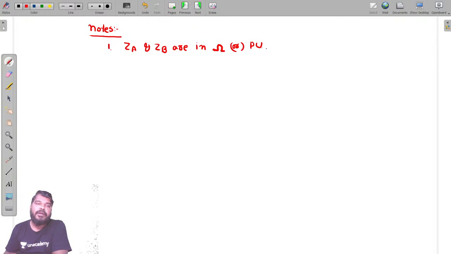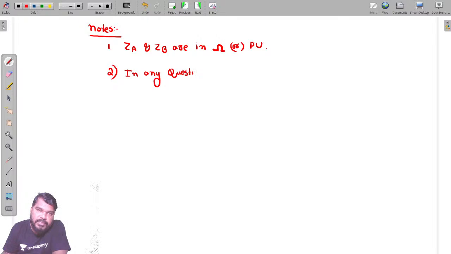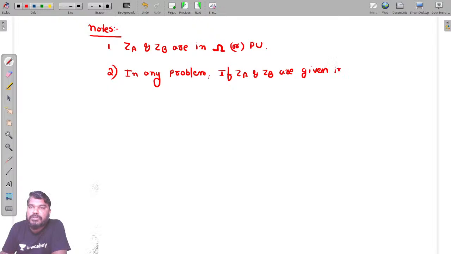In any problem, if ZA and ZB are given in ohms, then substitute these values directly in the above formulas.